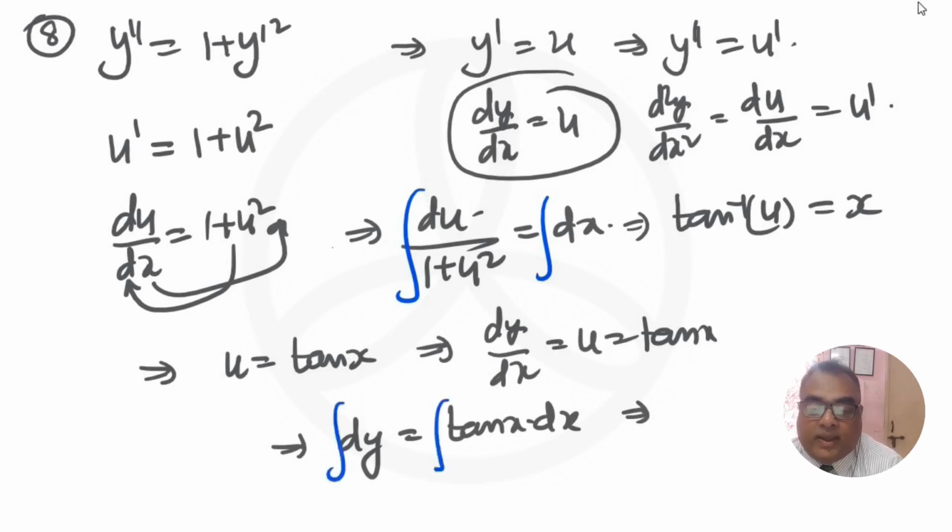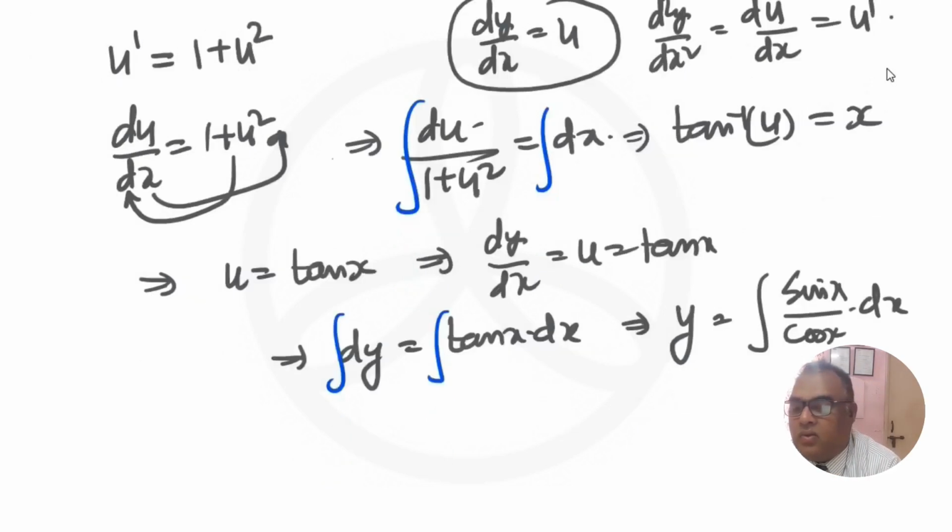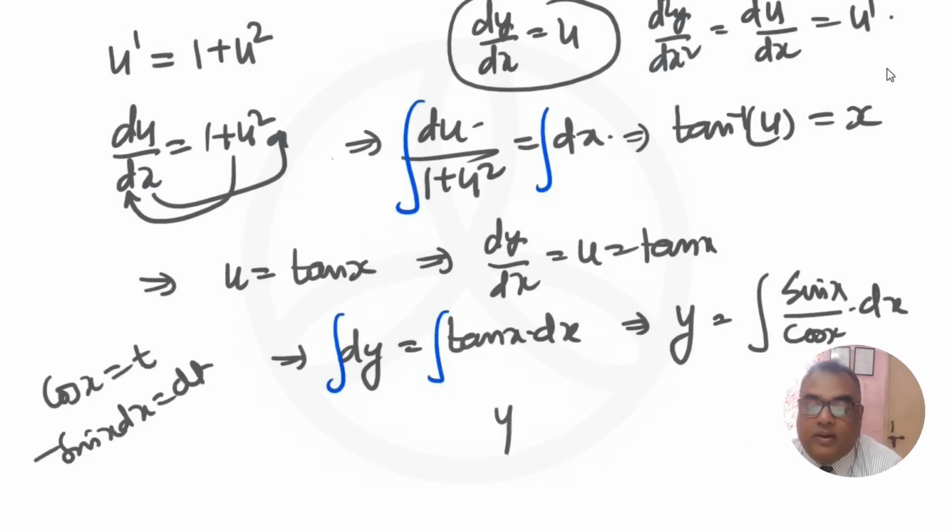This will become y, this will become sin x upon cos x dx, and if we assume cos x is equal to t, minus sin x dx is equal to minus dt, so it is equal to minus of ln t plus a constant of integration c1.